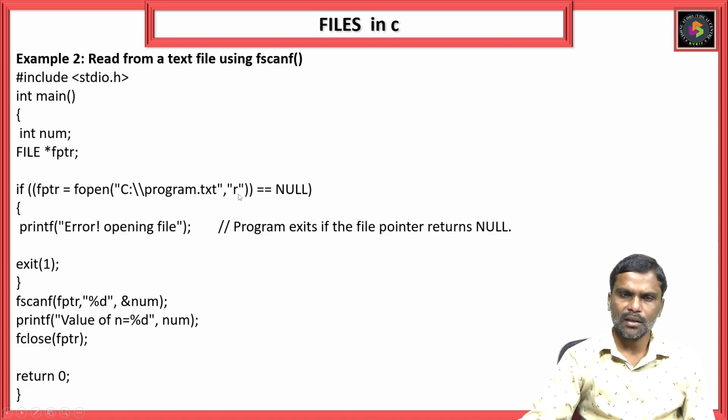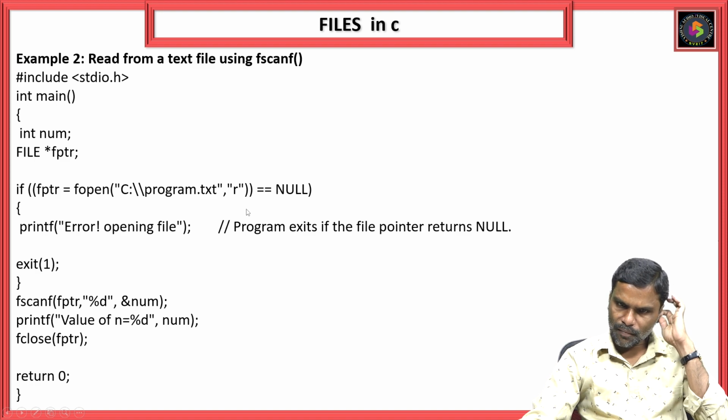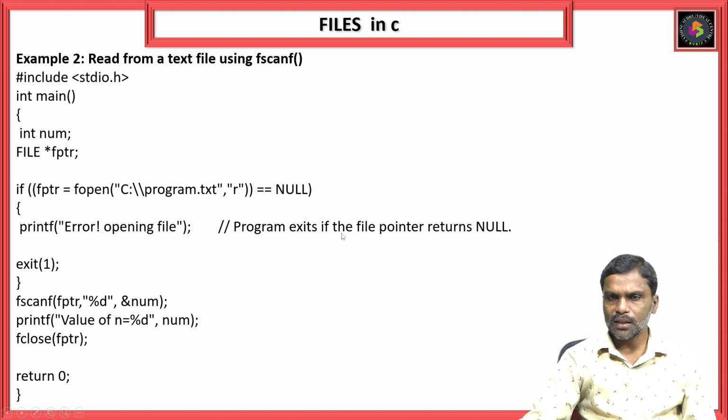Previously we have taken the mode for writing purpose, here it is to read. Then printf error in the opening of the file, because there is no location of this file. The file opening fails if the file pointer is NULL, so the program exits if the file pointer returns NULL. Then we have taken the exit as we have seen in the previous program.